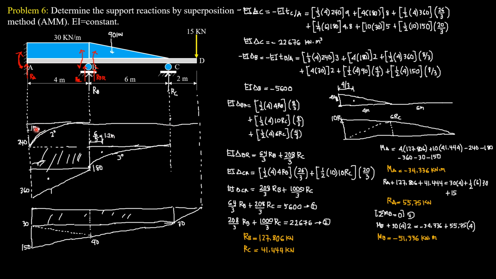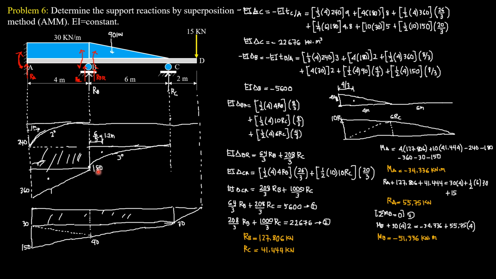So for this area, the area is 1/3 times 4 meters by 240, and the moment arm is 9, which is 10 minus 1. Next, for this rectangular area, 4 meters by 180, that distance is 8, 10 minus 2, because that is 2, so 8.